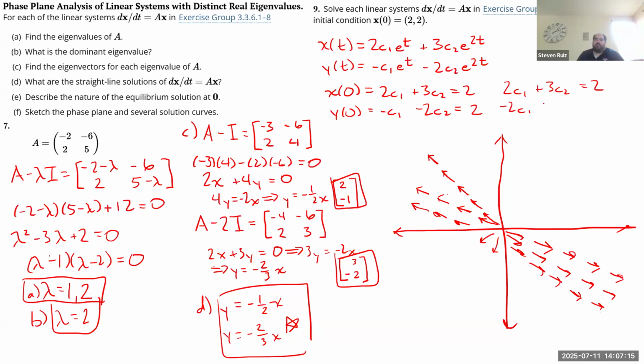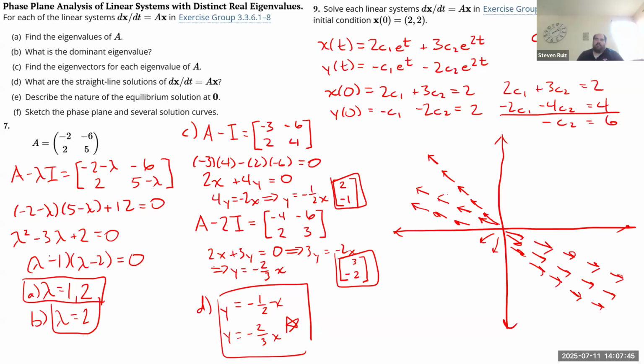Negative 2c1 minus 4c2 equals 4. Adding straight down gives me negative c2 equals 6.